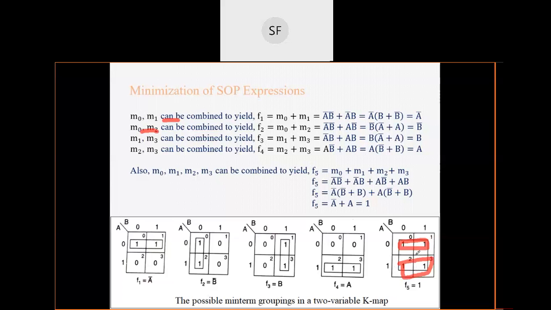This is one pair, this is one pair. Now when you combine two pairs, that combination is called a quad.